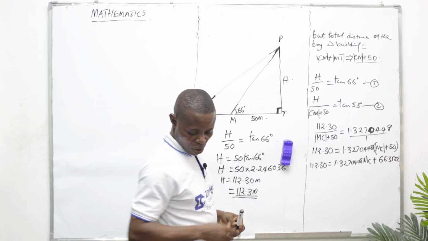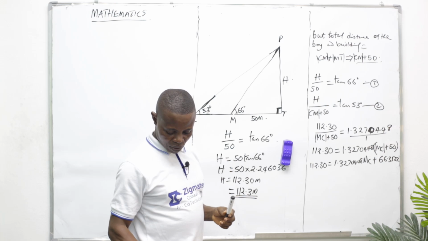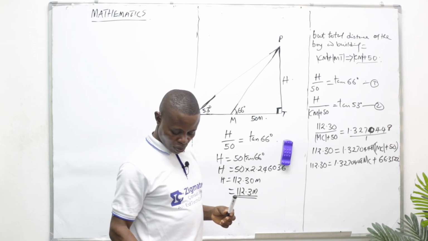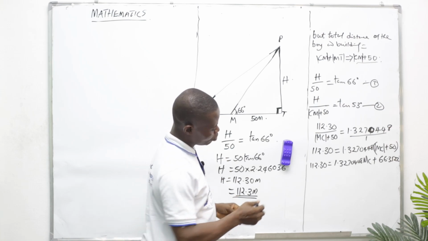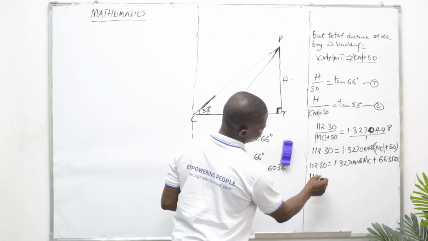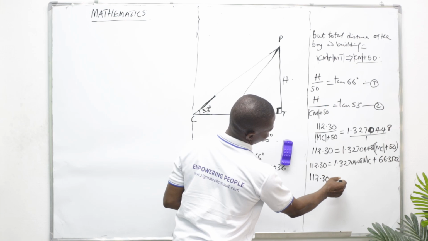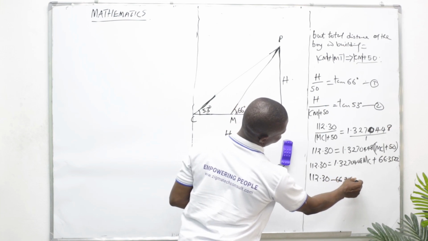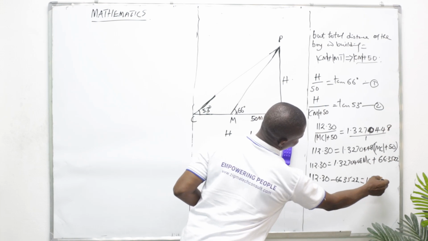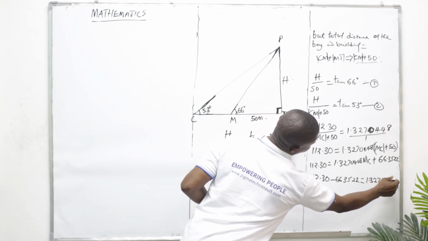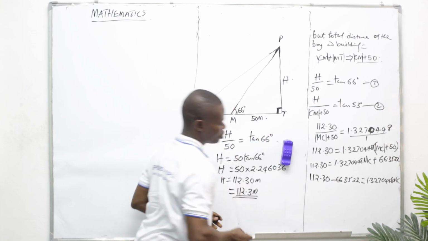Now, collecting the like terms, 112.30 minus 66.3522 equals 1.3270448 MC.